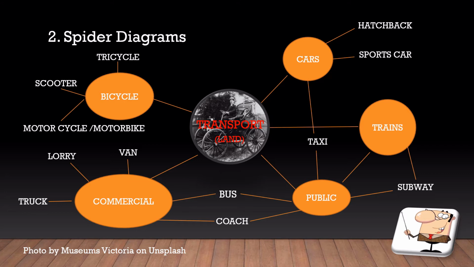As you can see, spider diagrams are great for developing large groups of words that come under one collective heading. Here we've used transport. Other vocabulary groups might be food, say, or animals. And you can keep adding to the spiders as you learn more and more new words.